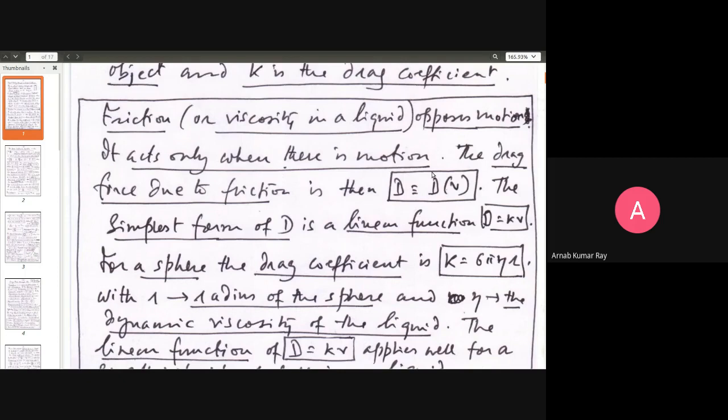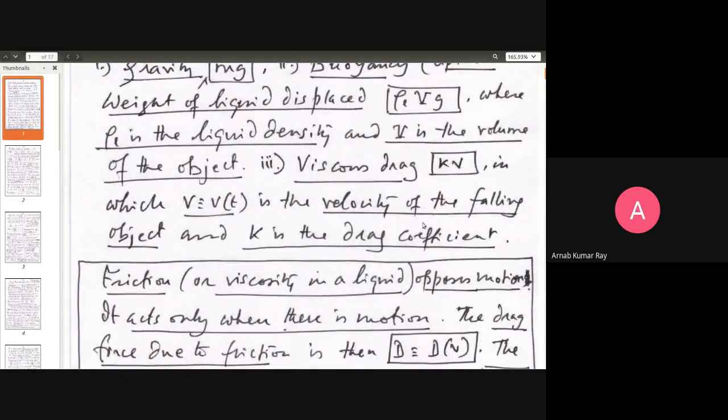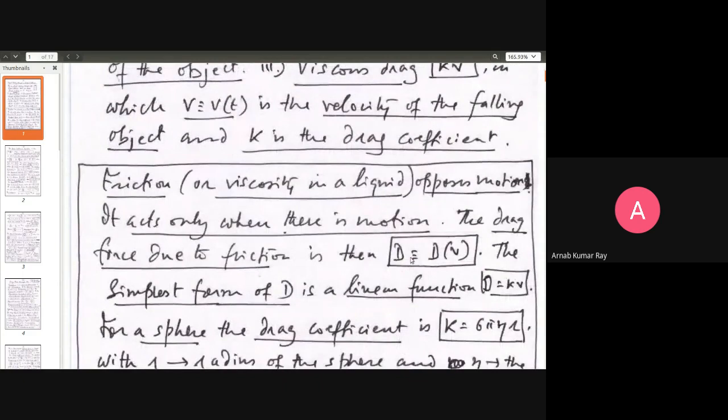Now the drag force due to friction, we are writing it as capital D. We immediately realize it must be some function of the velocity with which the object is moving through the fluid or the liquid. Liquid is a fluid whose density does not change. Water density is a fixed property. Oil density is a fixed property, but air is a fluid whose density can change, right?